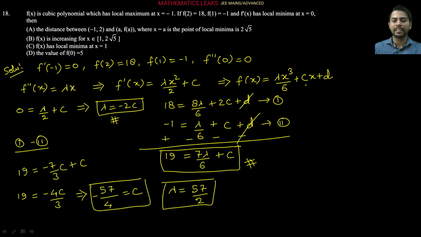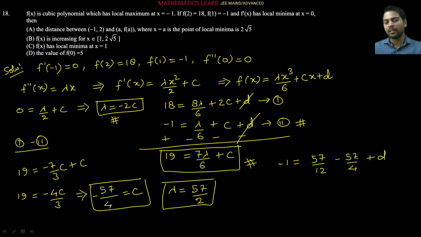So after getting d, we can easily find out exactly what f of x is. I am just going to simply put this lambda and c value in equation number 2. So we are getting minus 1 is equal to lambda value 57 by 2 by 6. So that is 57 by 12, and that is minus 57 by 4, and this d is as it is here, right?